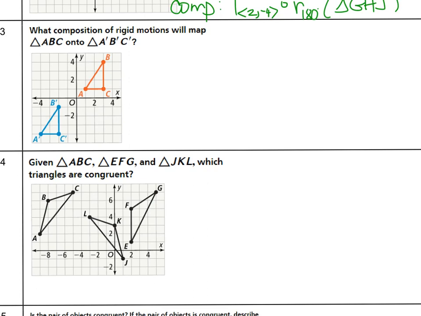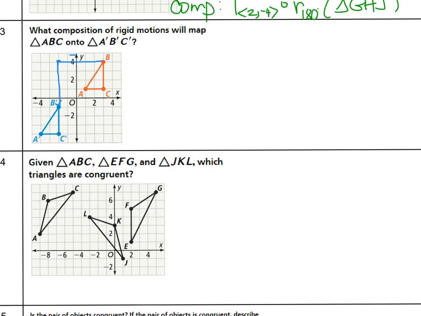This one actually won't be so bad. There's only one rigid motion that happens here, which is kind of nice. It says, what composition of rigid motions will map triangle ABC onto ABC prime? So ABC is the orange, ABC prime is the blue. So notice from B to B, if I want to go from B at the top, we've got to go left that far and then drop it down that far.